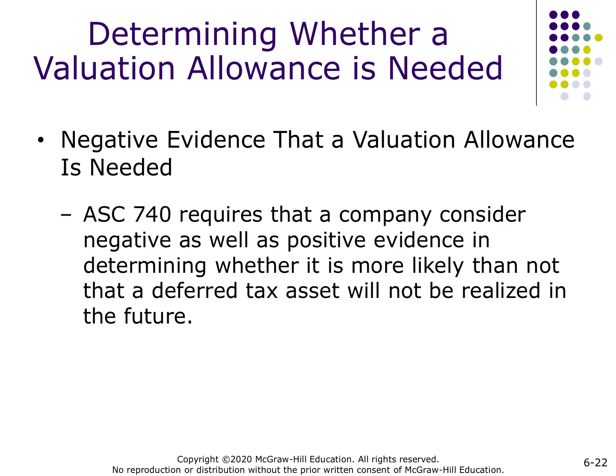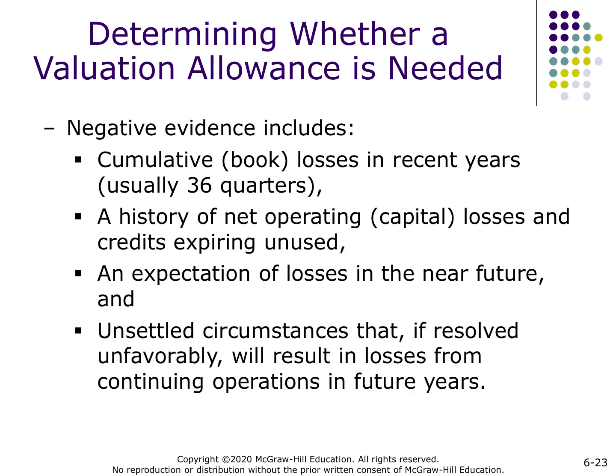All right, so a company is not allowed to only consider positive evidence. They also have to look at negative evidence. So if there are factors that would tell them that they need a larger valuation allowance, then they also need to recognize and present that evidence. All right, and then here's a whole list of negative evidence, all right?